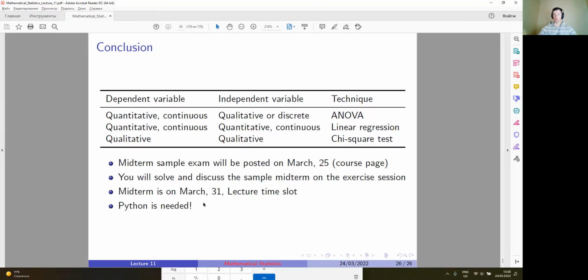Everything that you have used for the exercise sessions and the tutorials, like calculation of the mean, calculation of the variance, and the ANOVA tests that you performed on the last tutorial, those are going to be needed. Unfortunately, without them, you most probably will fail the midterm.